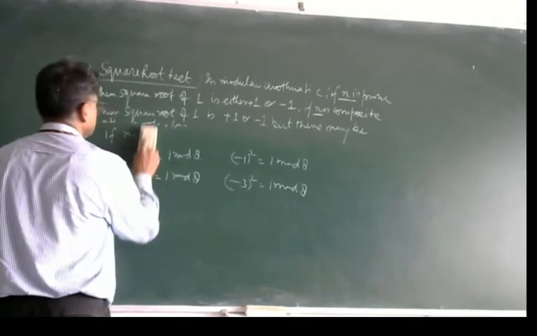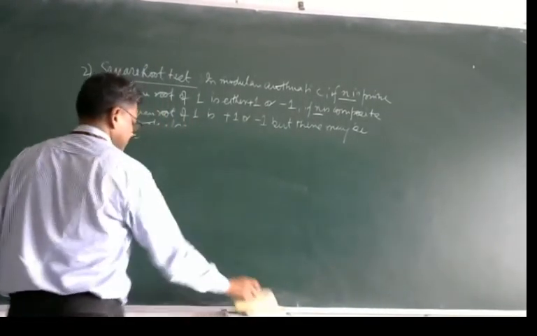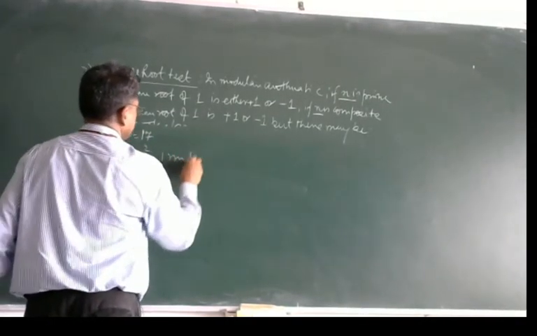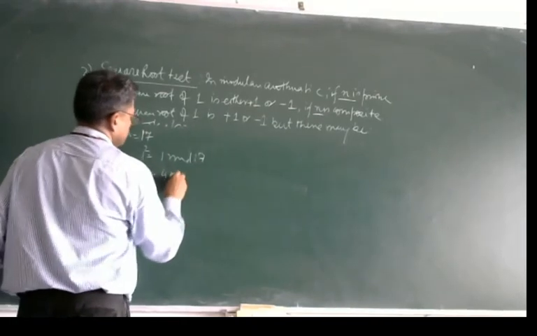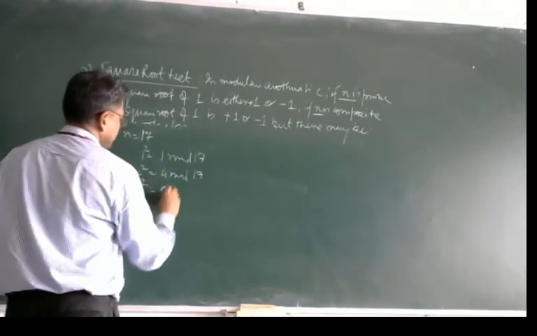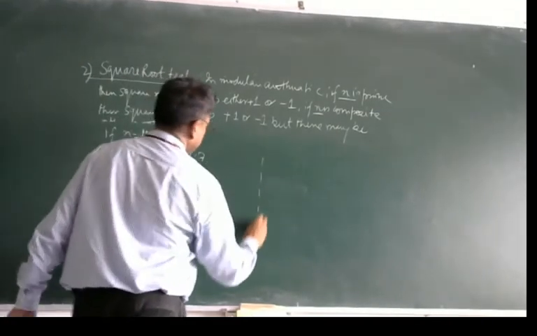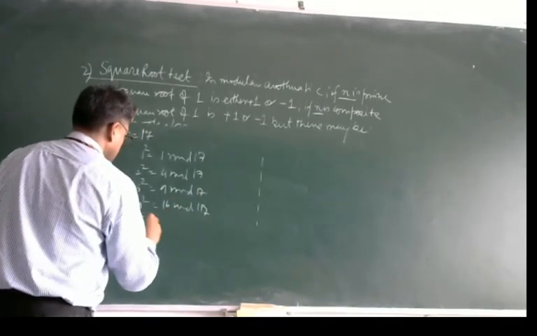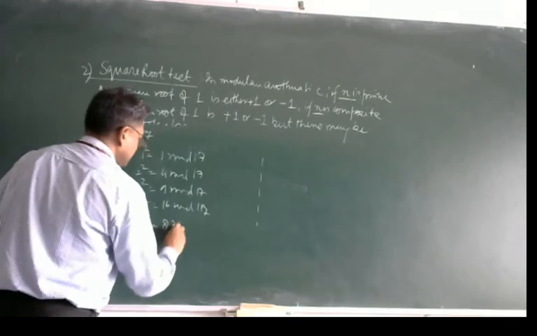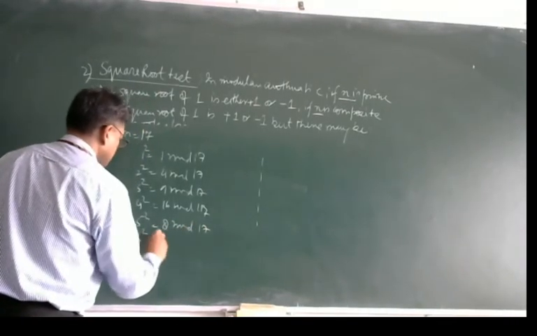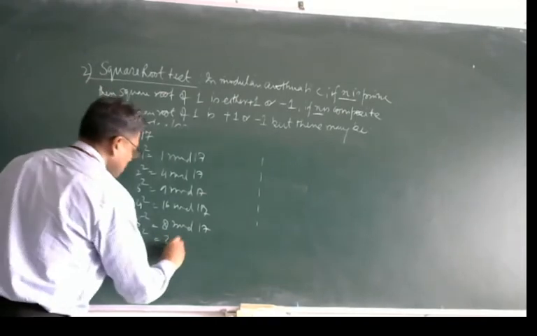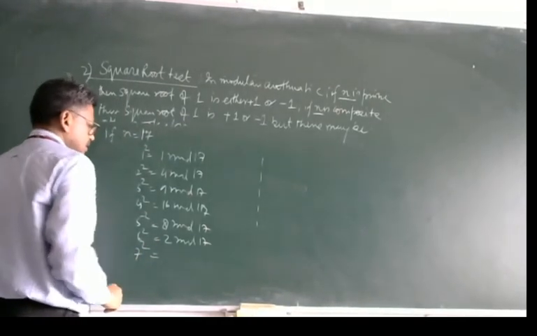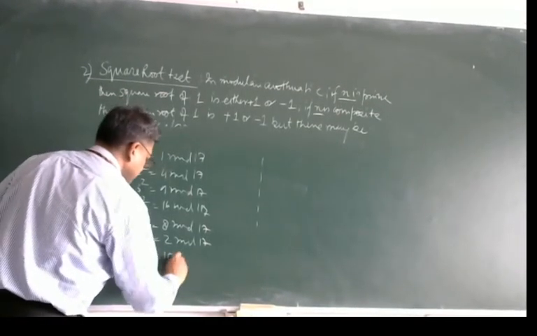Let us test for n is equal to 17. So 1 square is equal to 1 mod 17, 2 square is equal to 4 mod 17, 3 square is equal to 9 mod 17. Similarly, minus 4 square is equal to 16 mod 17. 5 square is 25, that is 8 mod 17. 6 square is 36, that is 2 mod 17. 7 square is 49, which means again 15 mod 17.